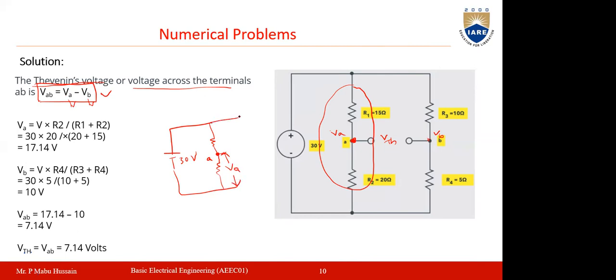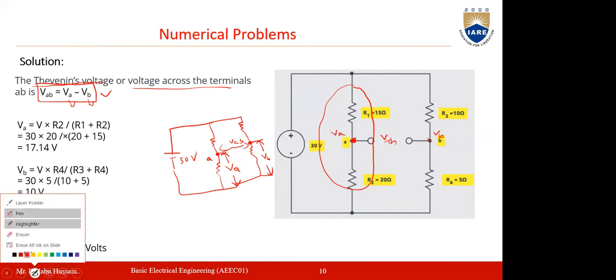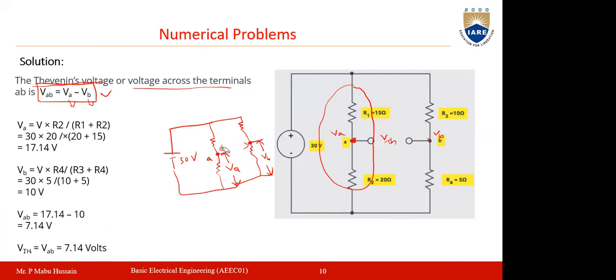Similarly, you have another two resistances, and the voltage across this point with respect to ground is VB. The voltage across these two terminals is VAB, which is VA minus VB. So first find VA and VB.